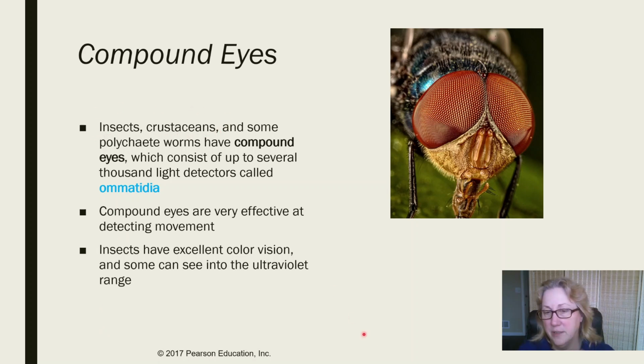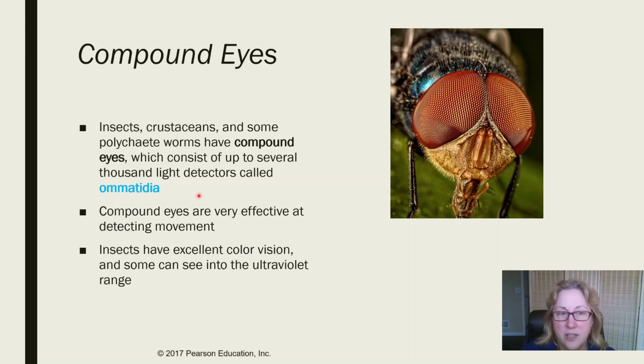Crustaceans, including shrimp and lobsters, especially certain kinds of shrimp, have really good vision because they're predators. And that's kind of a trend among animals, that the best vision is often among organisms that are predators, or in the case of insects, organisms that need really good 3D depth perception, as flying animals do.